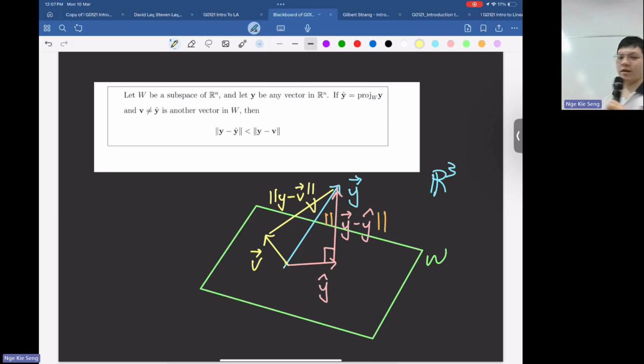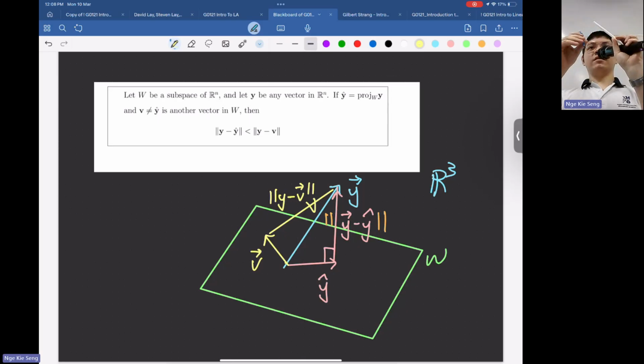But obviously it requires proof. I think we won't prove it. I will show you the proof inside the notes. But intuitively, or by looking at this pencil example, you should see that the vertical one is the least distance, because if you deviate from the orthogonal line, your distance should be longer already.